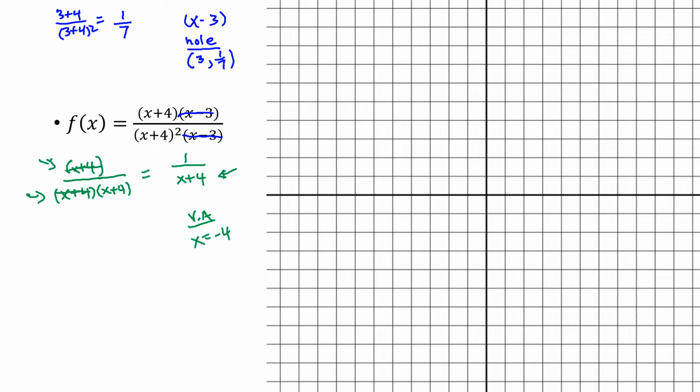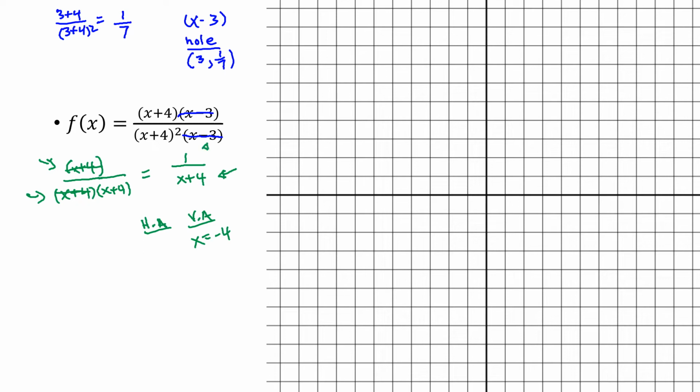Let's say we found our other values. Since we're talking about asymptotes, let's say we want to find out what the horizontal asymptote is. Notice that the denominator has a larger value in terms of degree compared to the numerator.